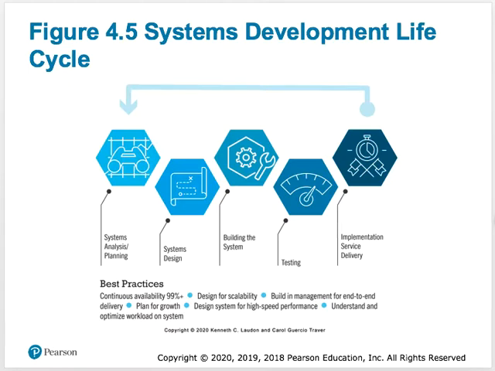Here's a full description of a flow diagram showing the systems development life cycle. The loop follows this routine: system analysis and planning, leading to system design, leading to building the system, leading to testing, and finally leading to implementation and service delivery.